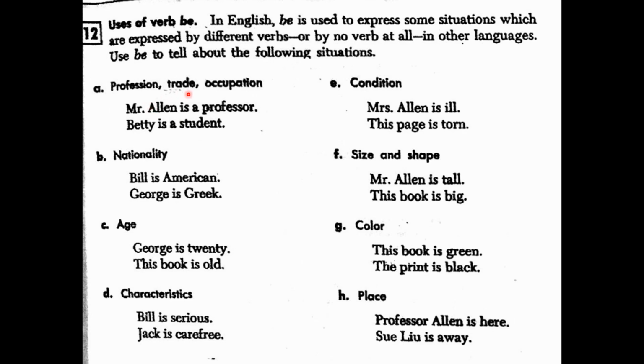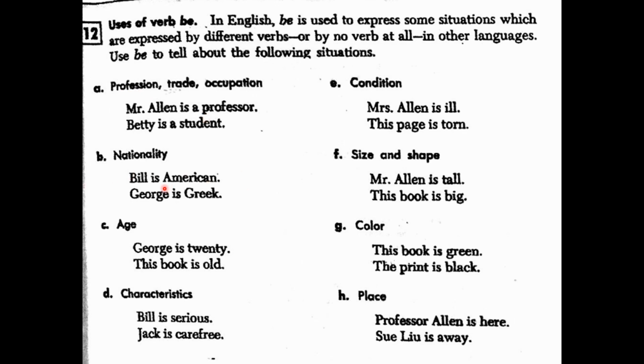Profession, trade, and occupation: Mr. Allen is a professor. Betty is a student. So professor is an occupation, or a profession. Student is an occupation rather than a profession.